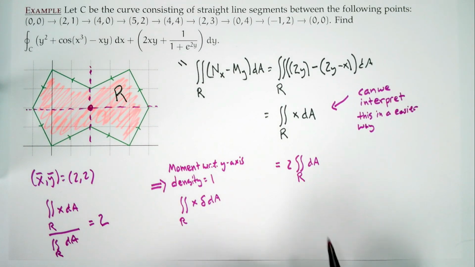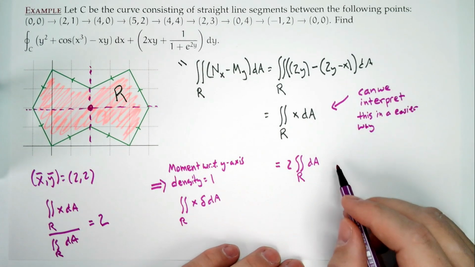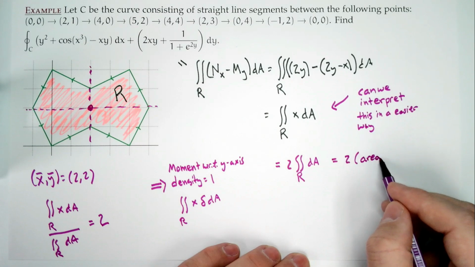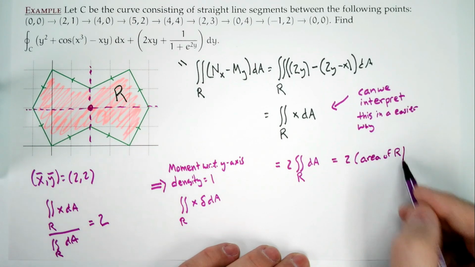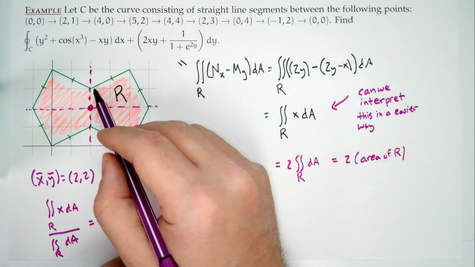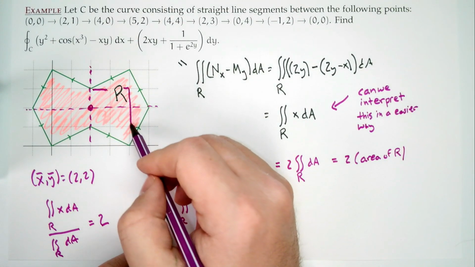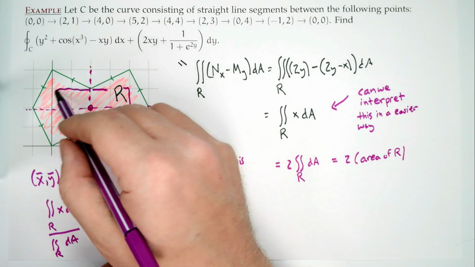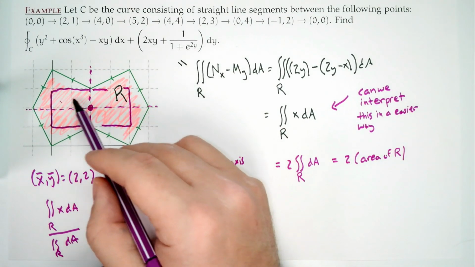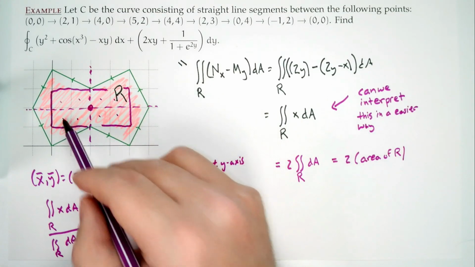So, of course, now the integral of dA, what's that? Well, that's just the area. All right, so how much area is there? Well, if we look, we can think of this as a couple of things. We have this little block here. There's 1, 2, 3, 4, 5, 6, 7, 8.